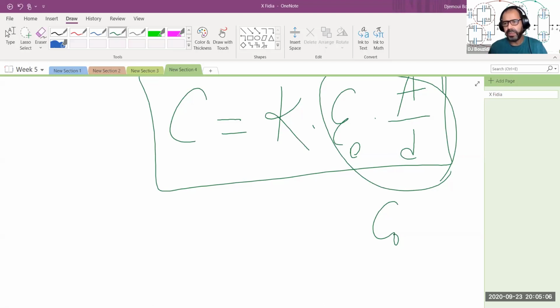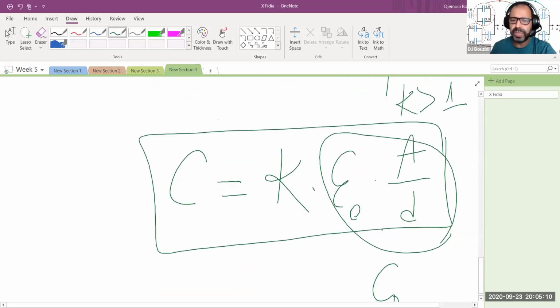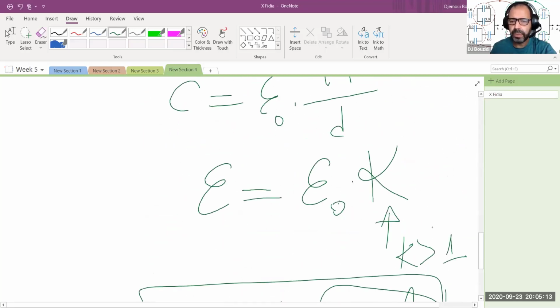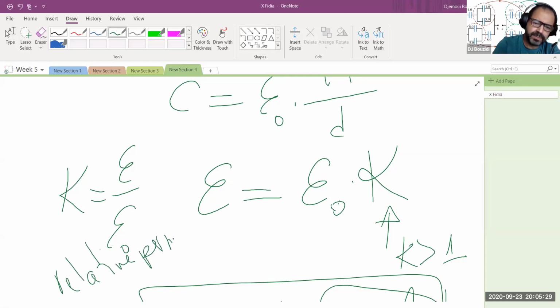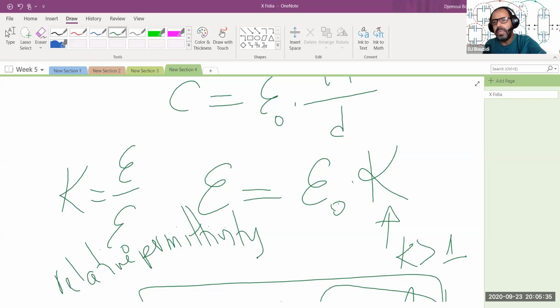This is called the relative permittivity, because it's a unitless number. Kappa is just the ratio of the actual permittivity of the medium versus that of the vacuum. That is what relative permittivity is, and it depends on how easily the material can be polarized.